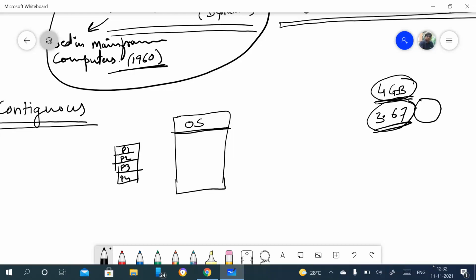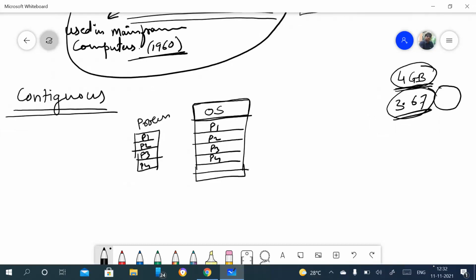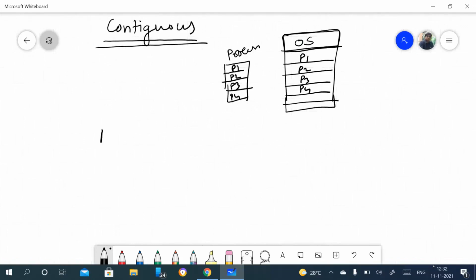The first slot is for the operating system, and these blocks are for the processes. In contiguous manner, we keep the processes in sequence like P1, P2, P3, P4. Non-contiguous is the reverse of this.